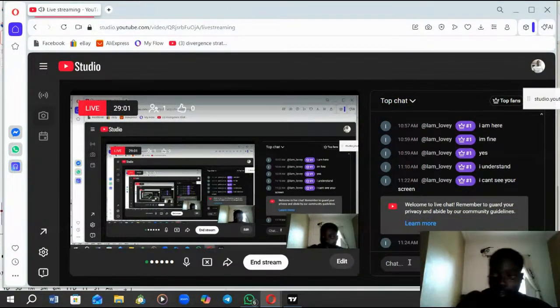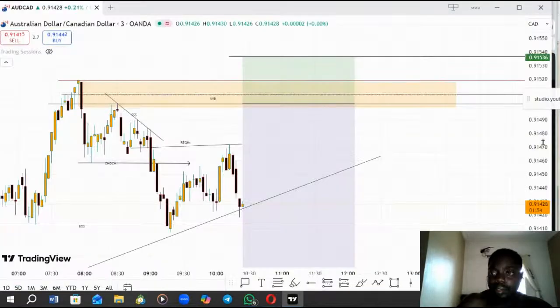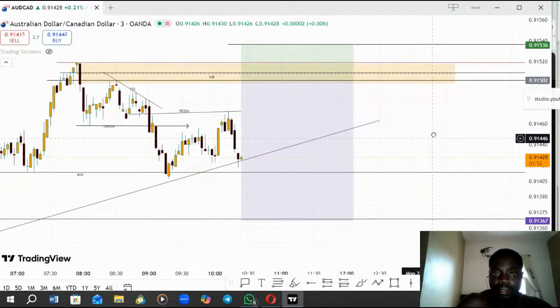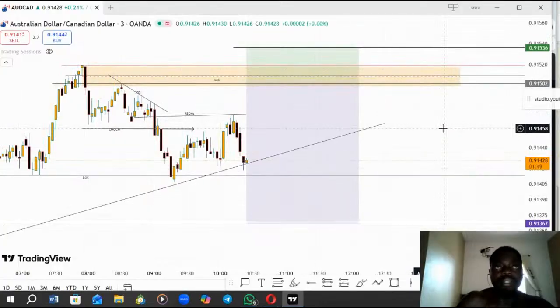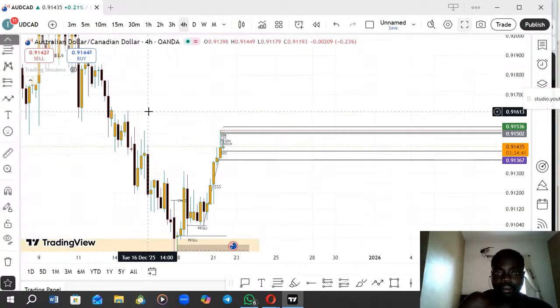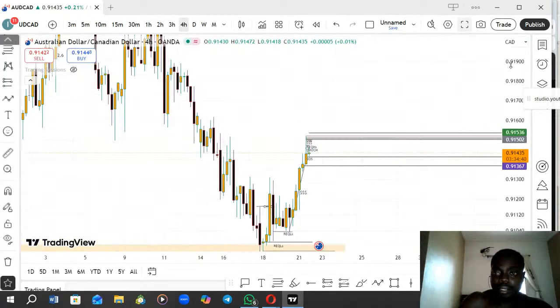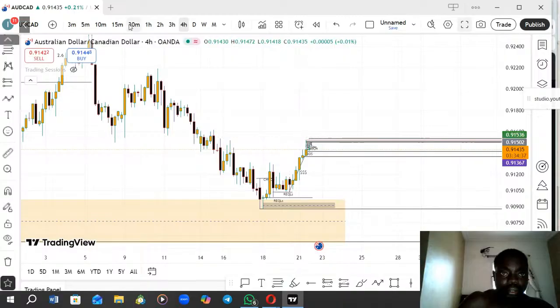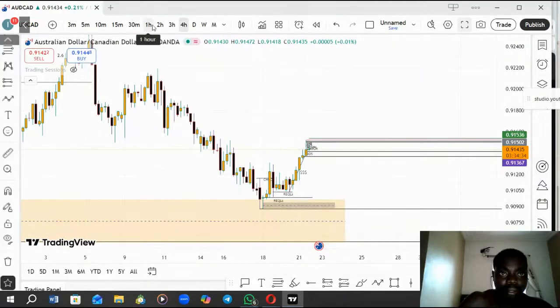Okay, so I said that I'm looking for a sell in an overall bullish market. Like I said, on the 4 hour time frame, we are looking for that sell because we want to join the trend. We have that bullish trend.